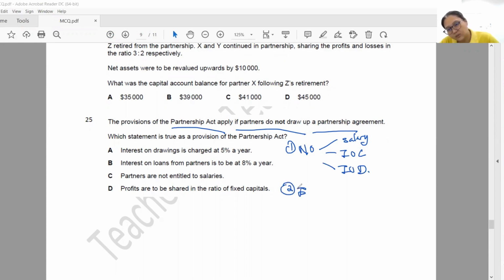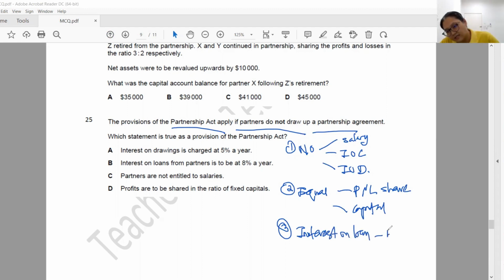Number 2, equal: profit or losses are shared equally, capital is also assumed to be equal. Third, interest on loan is 5%.